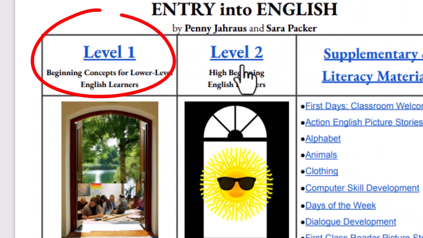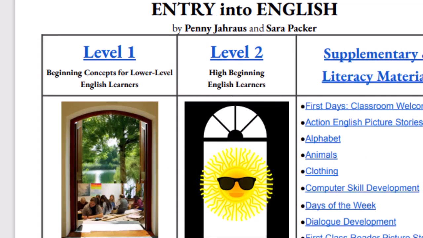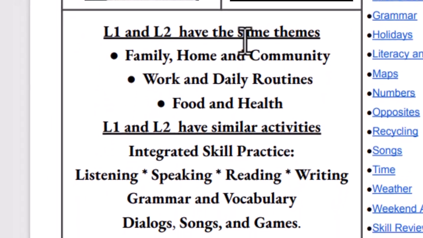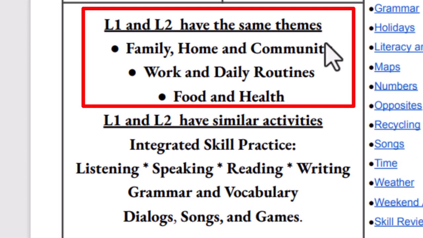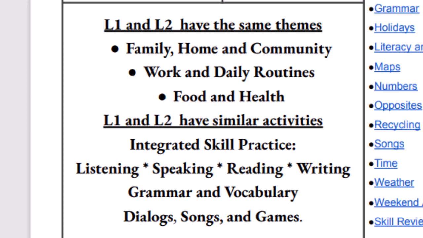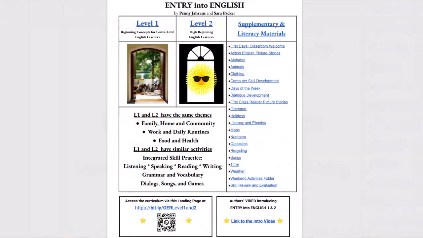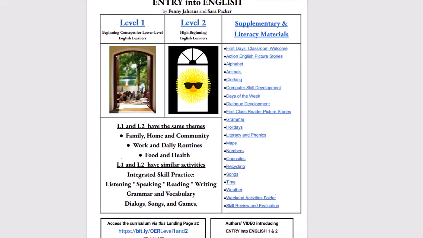Both levels 1 and 2 focus on the same 3 themes: family, home, and community, work and daily routines, food, and health. This curriculum helps you navigate between the 2 levels of materials with the same theme to find an appropriate level of challenge that allows your students to grow.